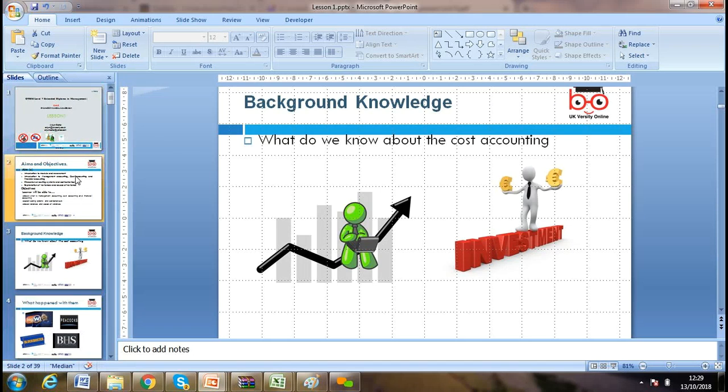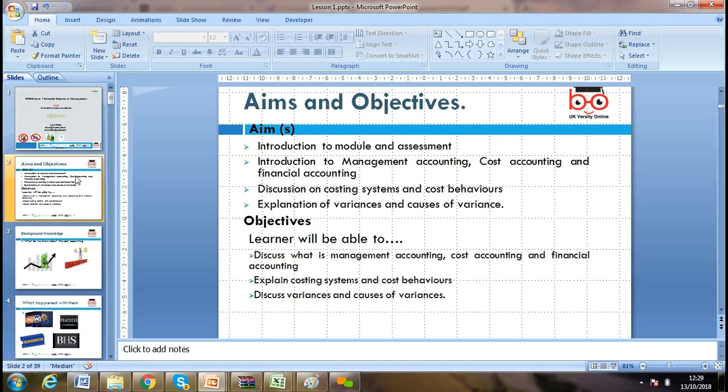So today we learned about the costing system, where we discussed marginal cost, absorption cost, activity based costing, job order costing, process costing. We discussed variance, the difference between budgeted and actual, and the difference between management accounting and cost accounting, which is internal, and financial accounting for external reporting.